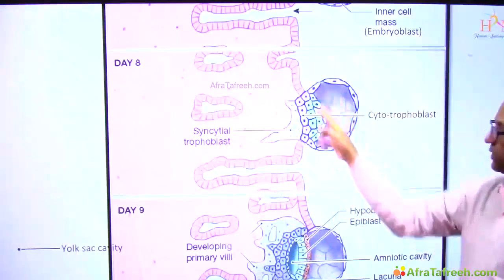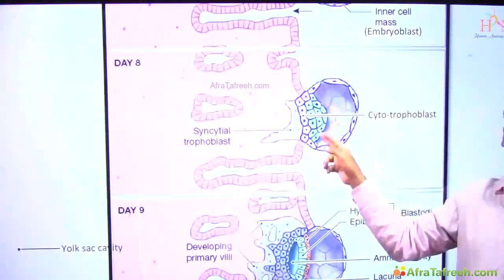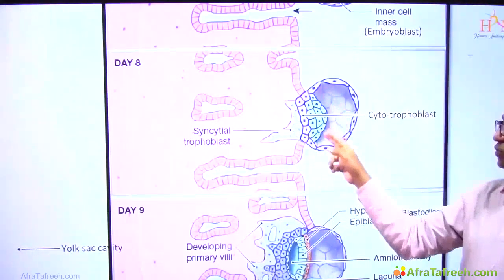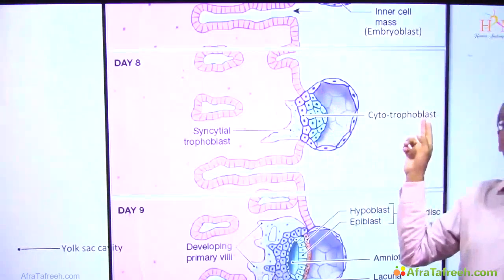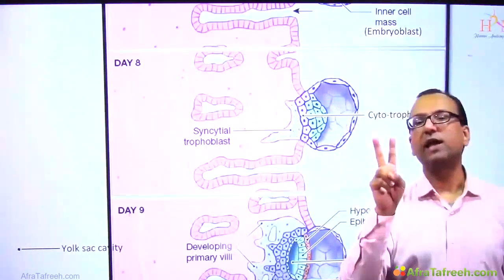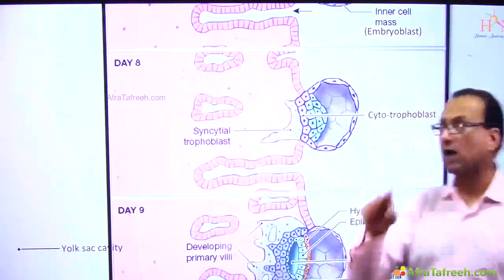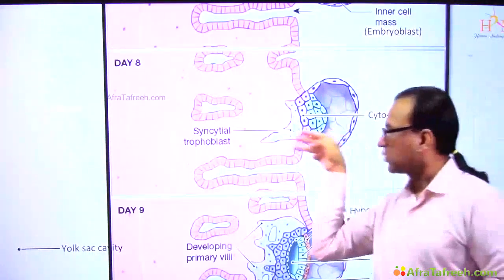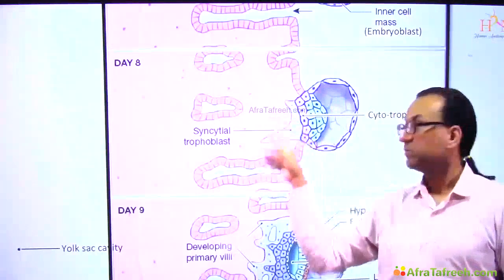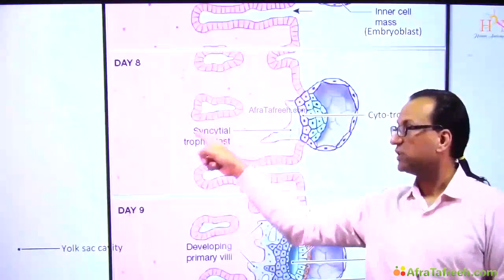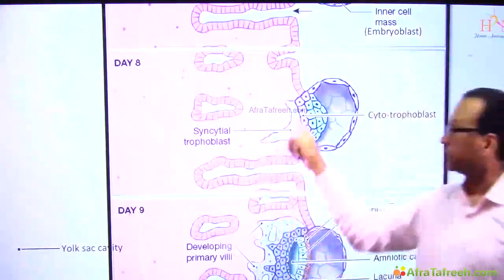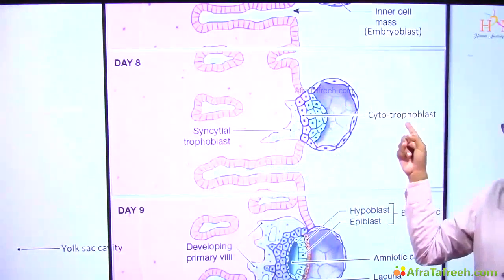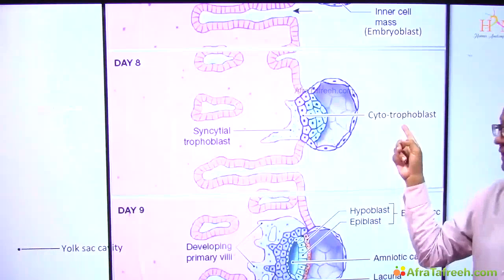What are the two cells the trophoblast is giving? Cytotrophoblast and syncytiotrophoblast. If it is going towards the endometrium, helping in penetration, it is the syncytiotrophoblast, and the one which is cellular is called the cytotrophoblast. They actually form the placenta, basically.